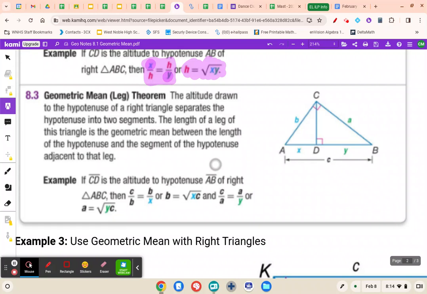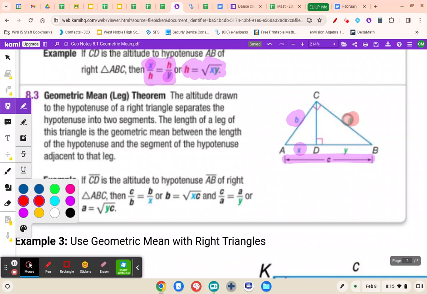So what this is saying is if you have this leg that you're either trying to find or you're given, the adjacent leg would be x here, and then you use the hypotenuse of the big triangle. Or if you have the other one, A, use the adjacent leg and then the hypotenuse as well. The large triangle, either B or A in this case, are the repeated pieces at a diagonal in your proportion.